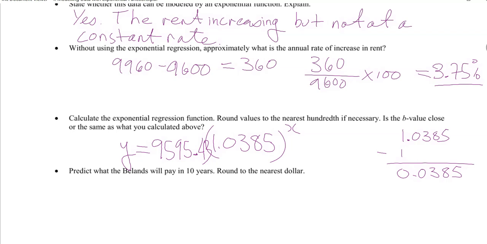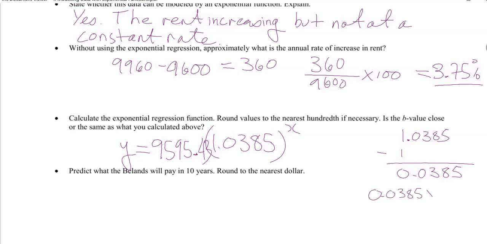Okay, so it's growing at a rate. The 1 in front just keeps the amount, right? That keeps that $9,600. And the 0.0385 is actually the growth. That's what it's growing by. So how do we make sense of that? I've got 0.0385. That's a decimal.